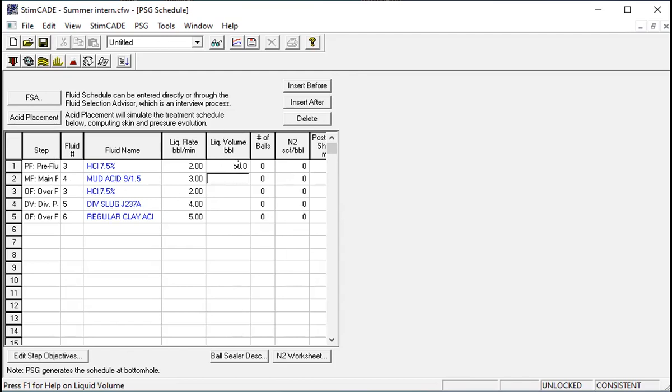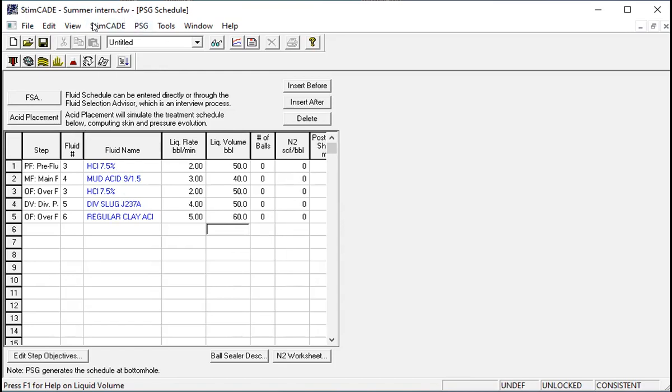You have to indicate the volume that you want to pump in. So we have, let's say, 50, 40. All right, so that's exactly what we have for our schedule. This is our schedule, which is well defined.